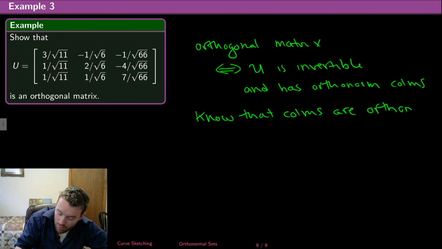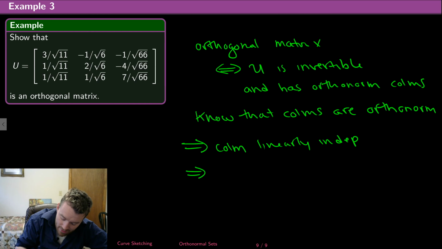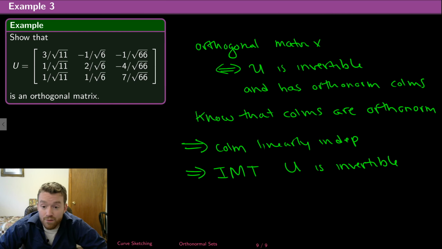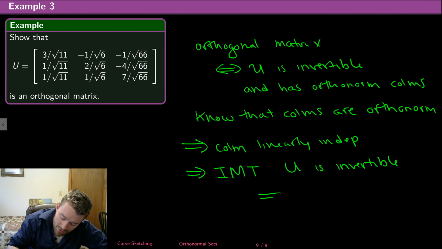So they're orthonormal, and that means the columns are linearly independent. And by the invertible matrix theorem, because the columns are linearly independent, U is invertible. And so since U is a square matrix, it's invertible, it has orthonormal columns, this means that U is an orthogonal matrix.